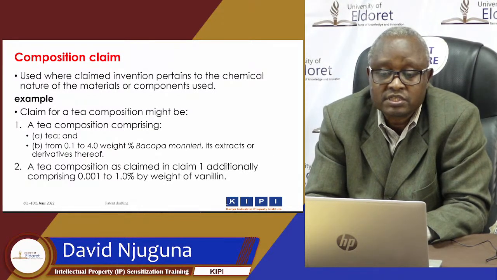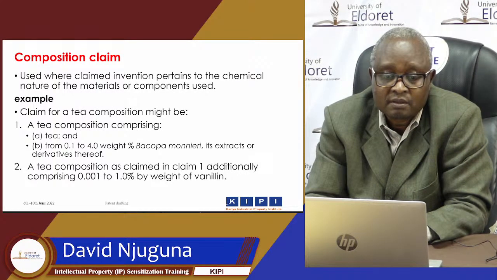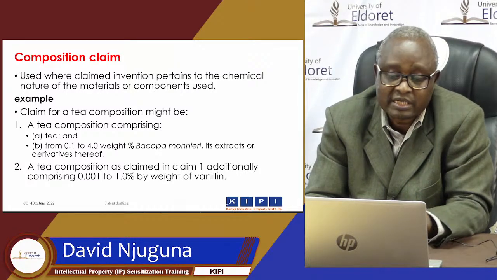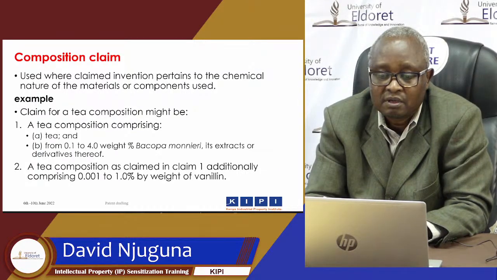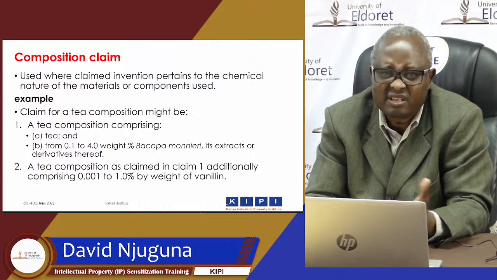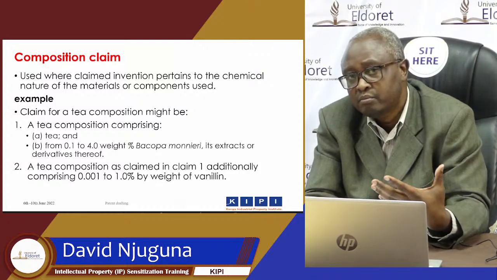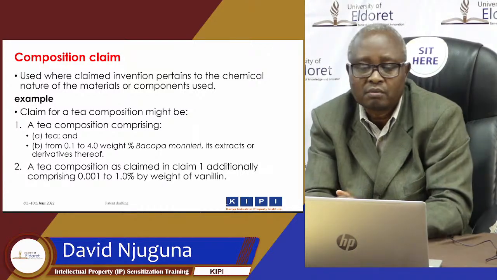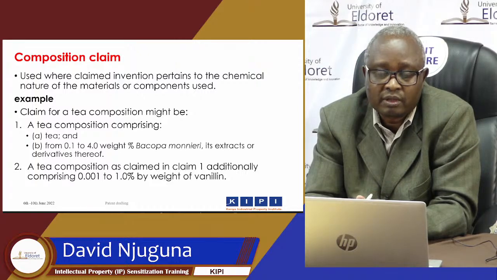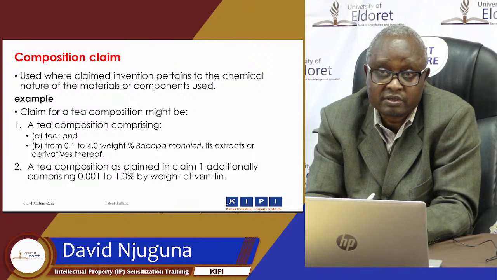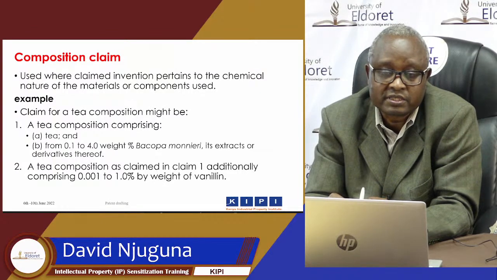It might be a tea composition comprising the tea and a certain percentage of other materials, such as Bacopa monnieri, I think it's a plant extract, and derivatives thereof. So you have tea made with a herbal composition, a herbal extract. It's that composition that you get protected for.